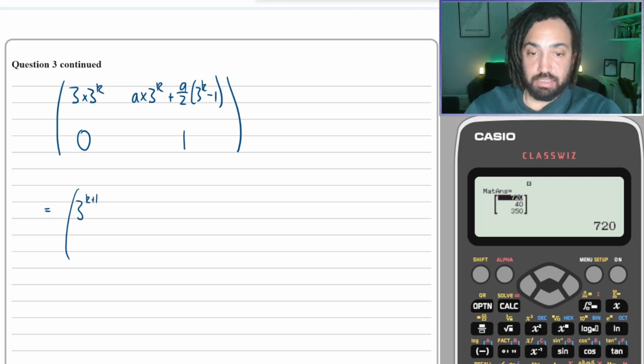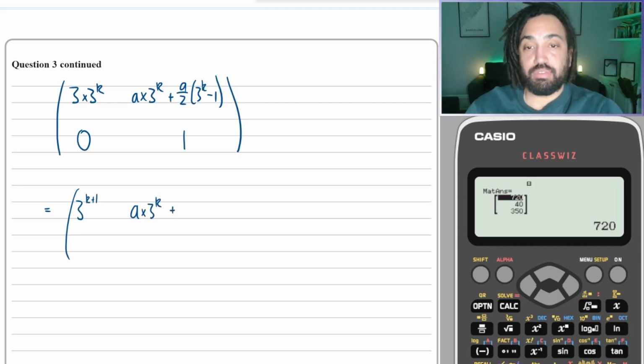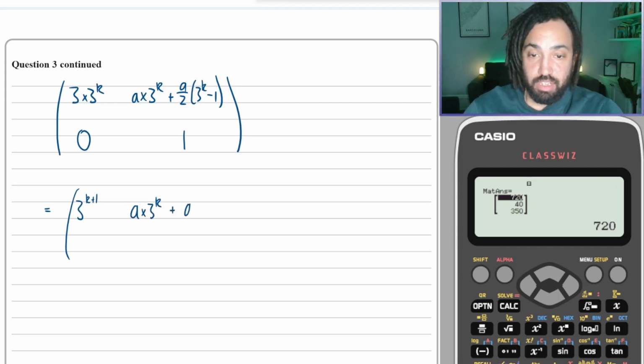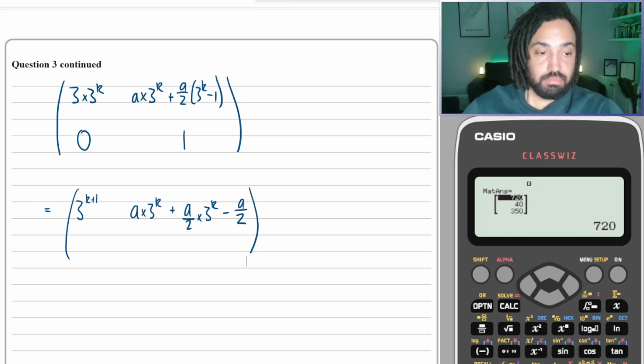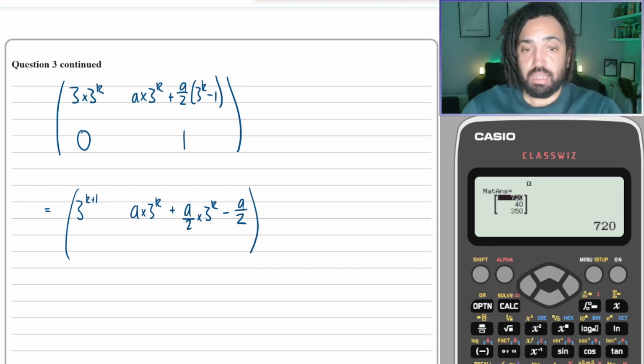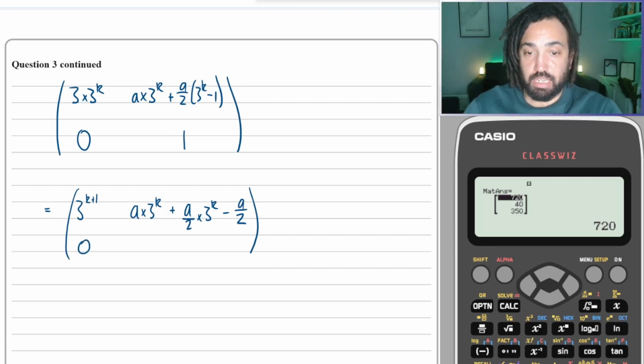Well, let's expand out. We've got a times 3^k, and we've got another a/2 times 3^k minus a/2. And down the bottom we get 0 and 1.